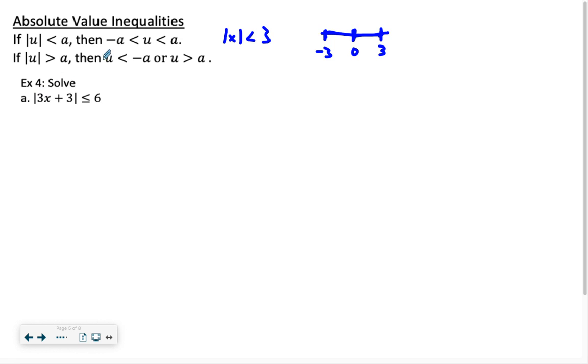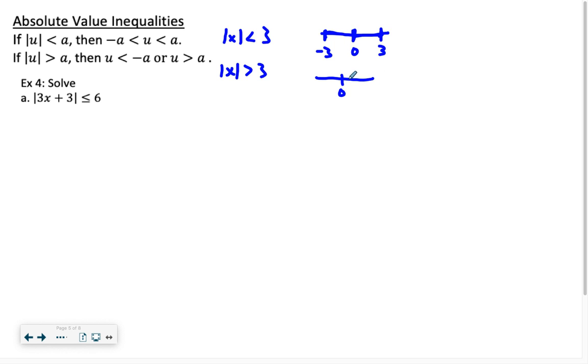Similar idea if we're talking about some function being greater than a value. In this case, we would just need to include all the values less than negative a or the values greater than a. So again, for example, if we take that same thing and say the absolute value of x has to be greater than 3, well, that's saying the distance from 0 has to be greater than 3.